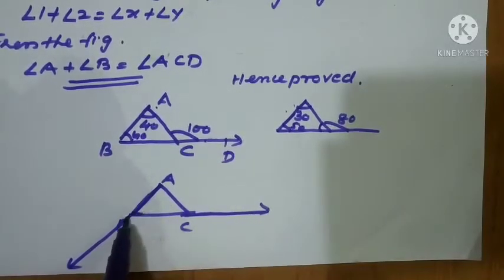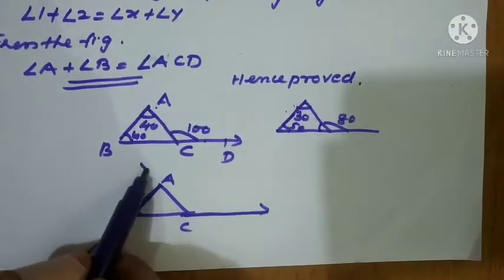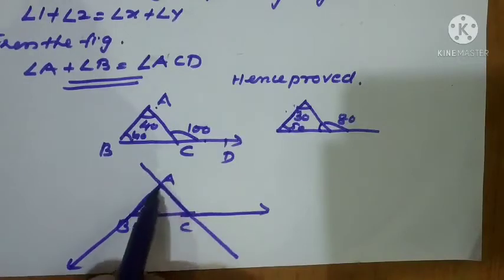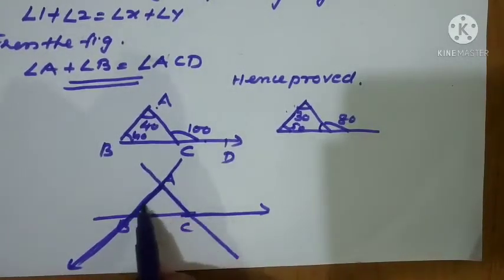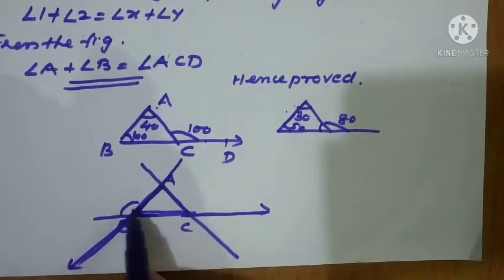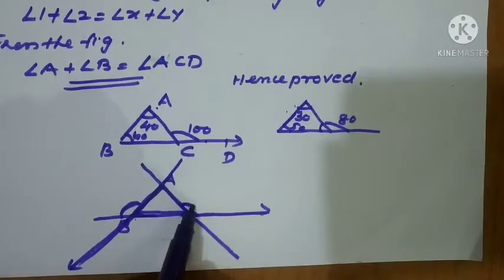So AB I am extending, then I can extend AC also. See, so I can get an exterior angle like this also. So when we are considering ABC, this is an exterior angle, right? When we are considering ACB, in the same way, this angle also we have used.